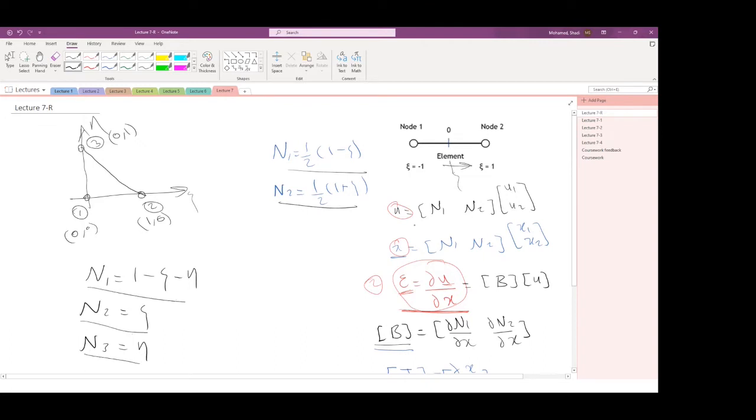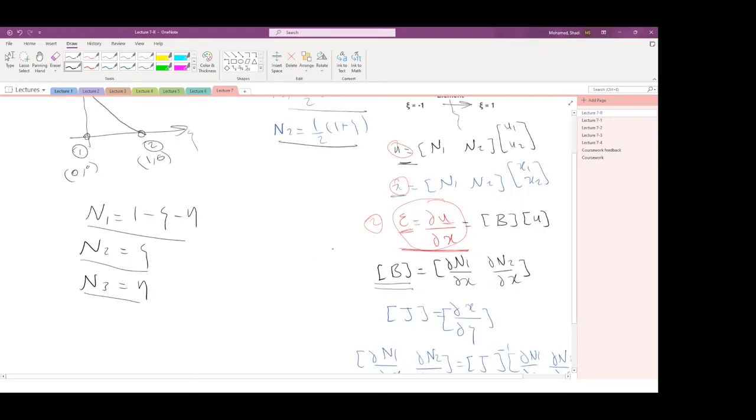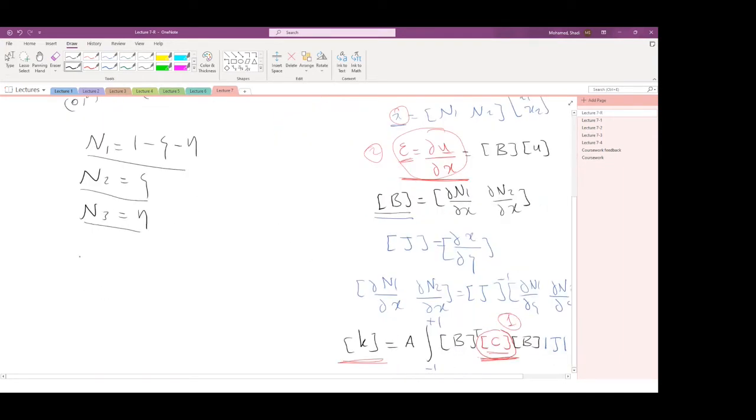In both cases, this is the new set of shape functions. Now, we have the displacement to be written in terms of the shape functions. So I'm just going to rewrite the displacements in terms of the shape functions here as well. So U is equal to N1, N2, and N3 multiplied by U1, U2, and U3. But also in this case, we have V. I mean, it's not just displacement happening in the X direction, also displacement that is happening in the Y direction.